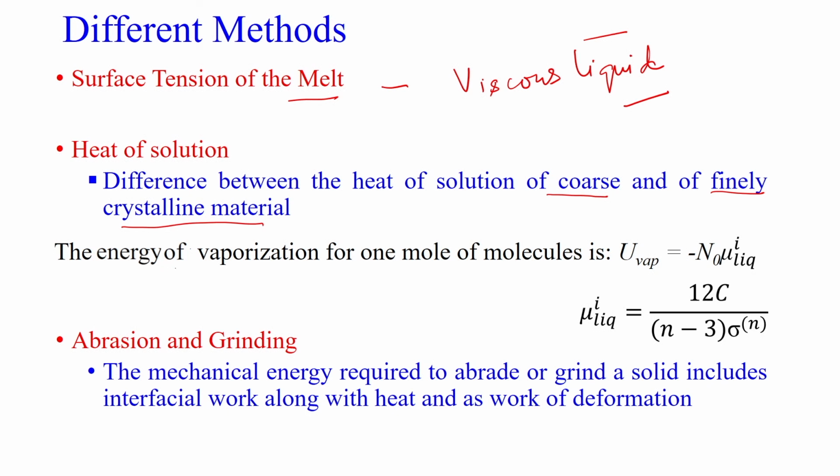As I told, the energy of vaporization or energy of melting, or you can say the latent heat, is directly proportional to the self energy times N naught, where N naught is the Avogadro number, and this self energy is proportional to the pair potential, C times (12 upon n minus 3), where C is the constant and sigma is the intermolecular distance to the power n.